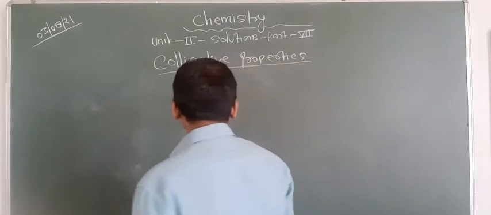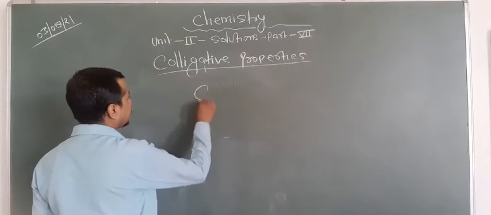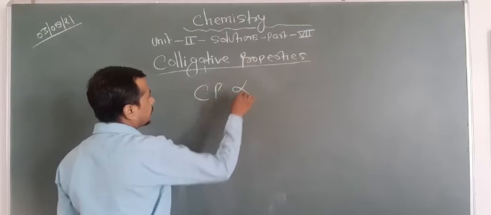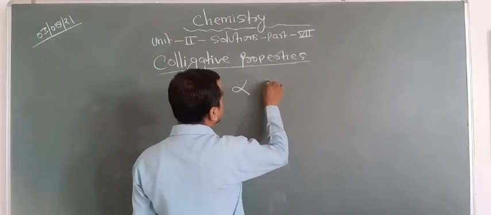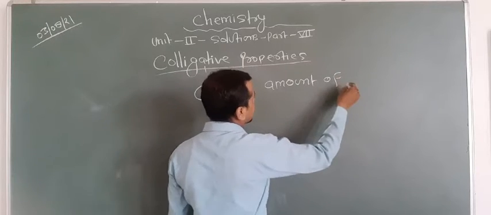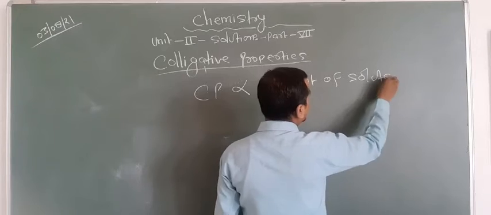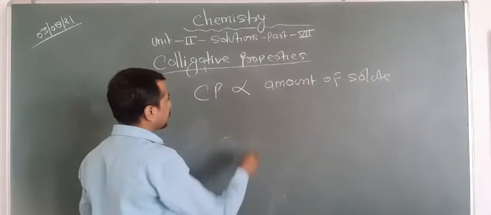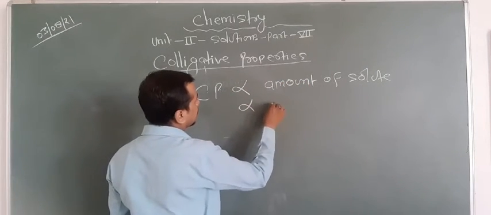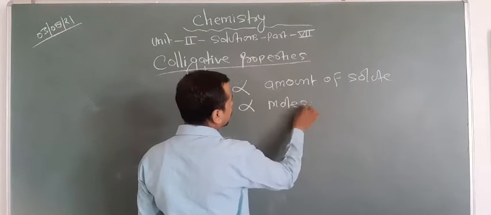Now you can write like this: a colligative property, Cp, is directly proportional to the amount of solute. You can say the colligative property depends upon moles of solute.